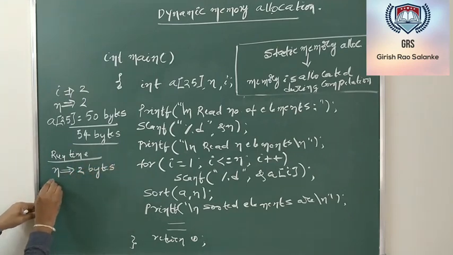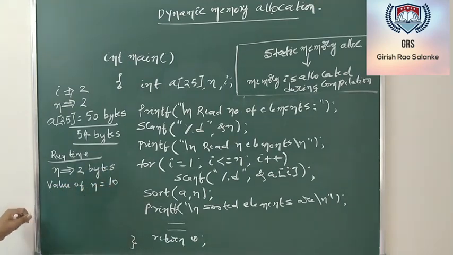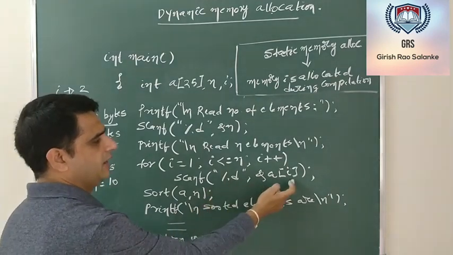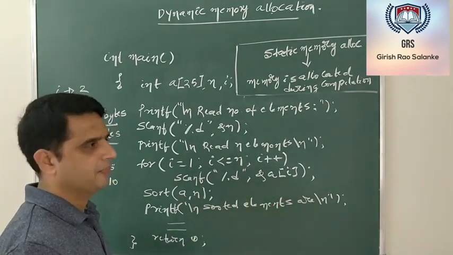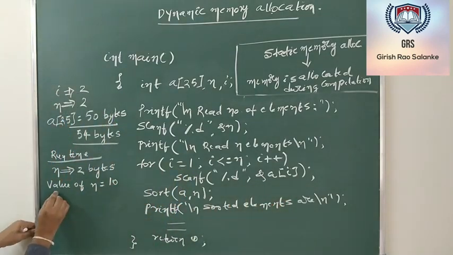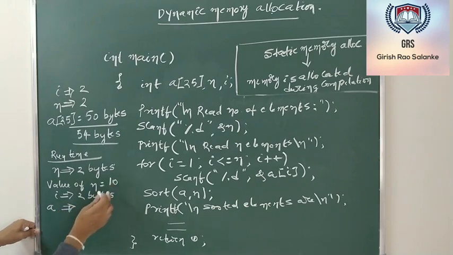If the value of n is 10, then I am supposed to read 10 elements into array A. For this i, it takes once again 2 bytes of memory. For array A, as I am reading only 10 elements, 10 into 2 is 20 bytes. So totally it is 24 bytes of memory.